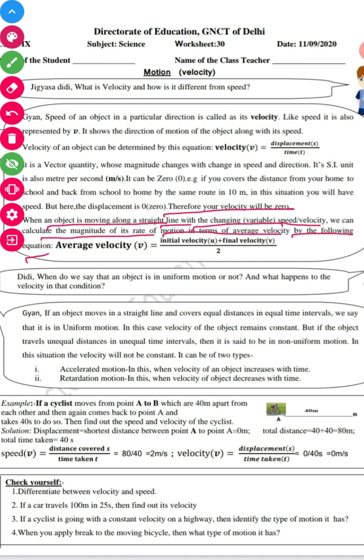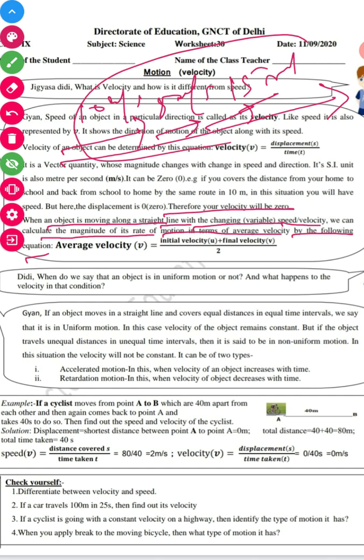If I say that our car is moving along a straight line but with a changing speed or velocity, at this time it is having 10 meter per second, then it changes, maybe due to some hindrance, to 5 meter per second, then again it is 15 meter per second, likewise. So it is changing, right?